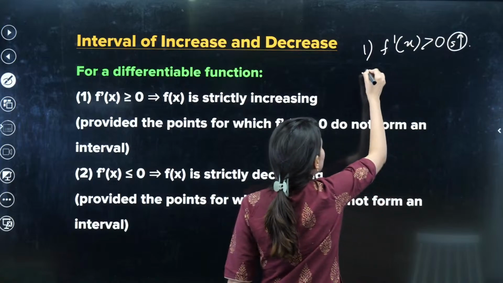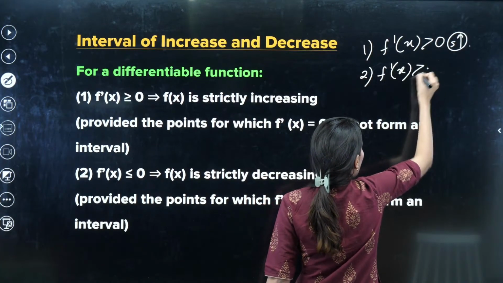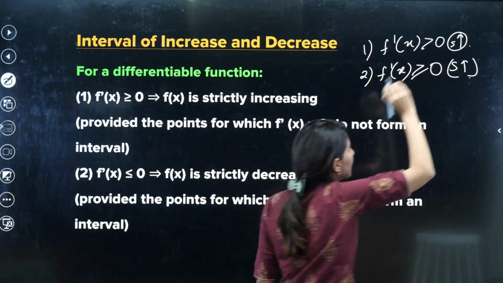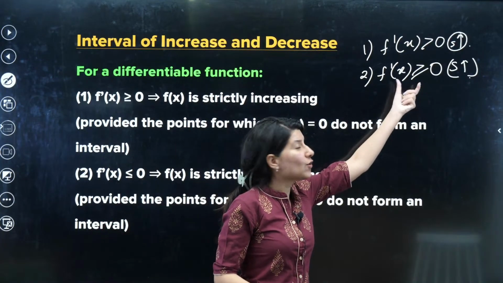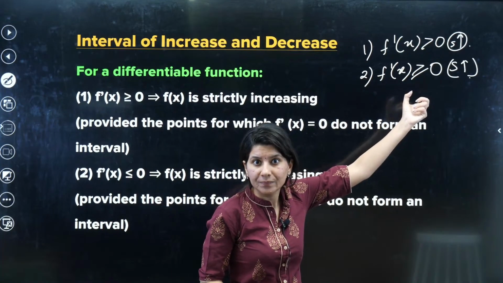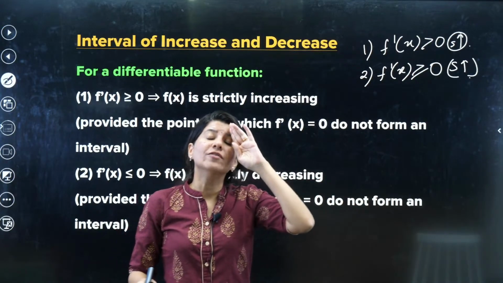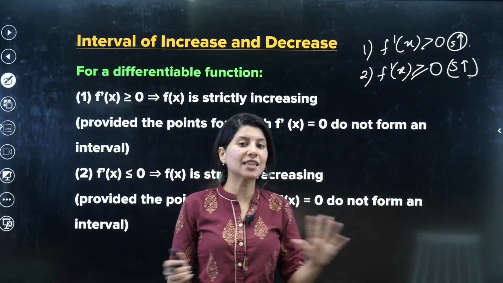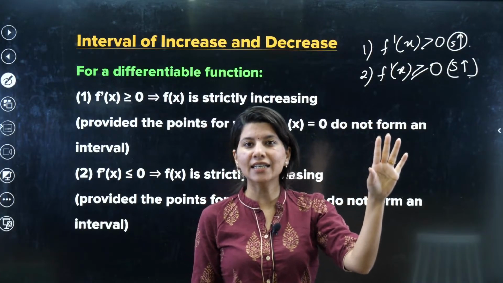If it is greater than 0, we are sorted, no controversy, just greater than 0, strictly increasing, done and dusted.